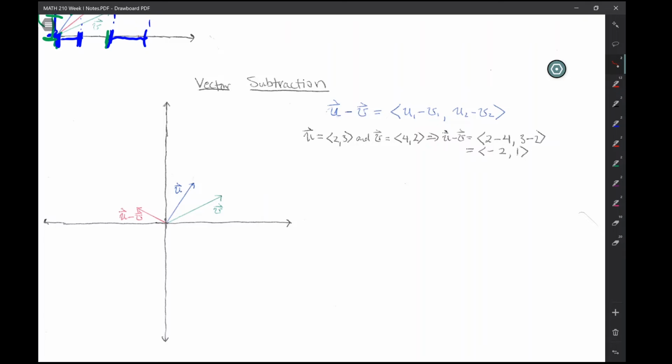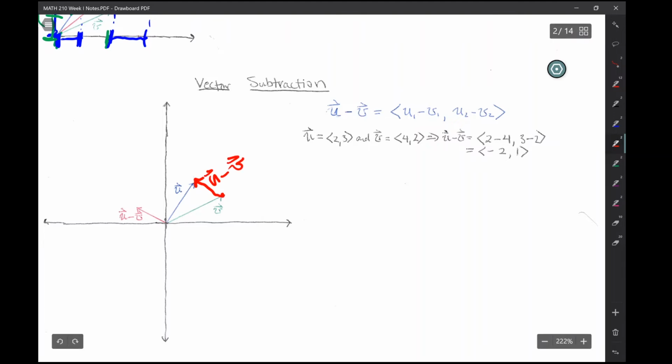Now, you could have also viewed u minus v in a different way. You could have viewed it as the vector with its tail at v moving to the end of u. So this is u minus v.